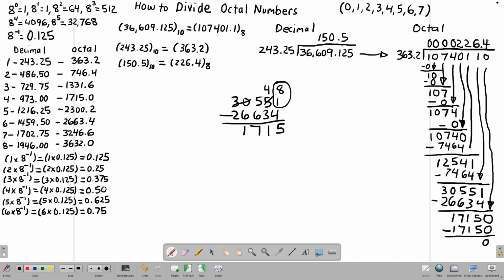So that represented 1 decimal point here as well. And so this means that we have a quotient of 226.4, and this matches up with what we said previously, and this is what we wanted to show.